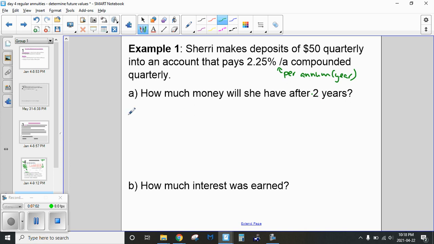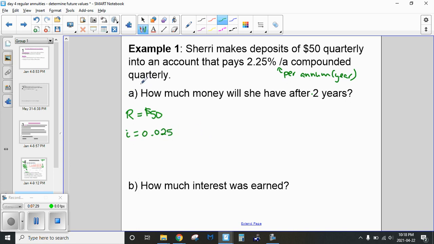So the first job for any of these questions is to try to pull the numbers out of the question and attach them to the right variables. So the $50, that is her regular deposit. The interest rate, 2.25%, I'm going to change into decimal form, so dividing it by 100.